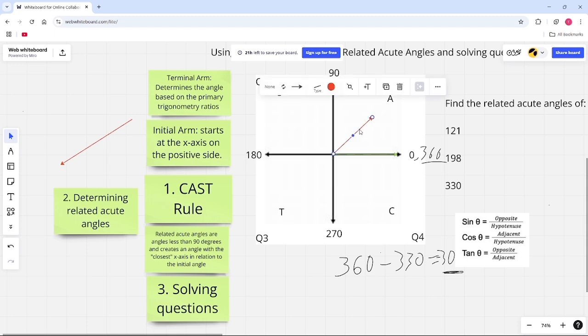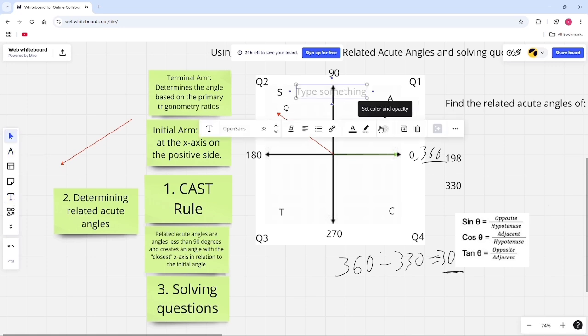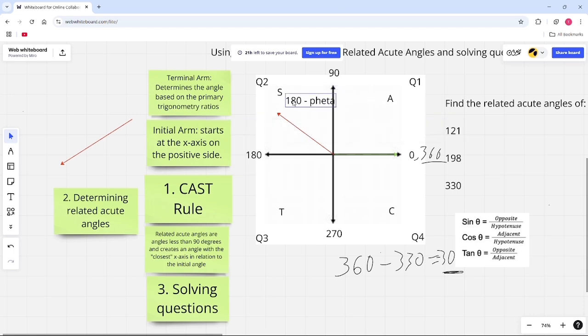Now, what if your angle is in quadrant 2? Now our angle is greater than 90 degrees. So to be able to find this related acute angle, we would have to subtract 180 minus theta, which will give you your related acute angle. Theta essentially is this angle over here.